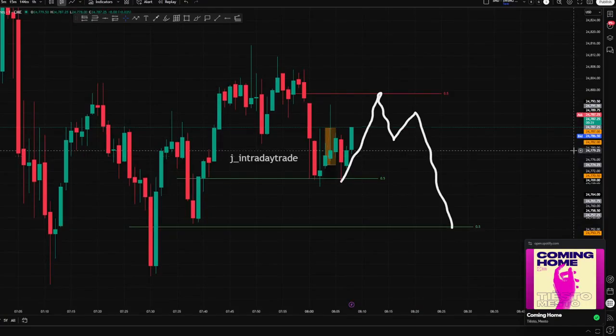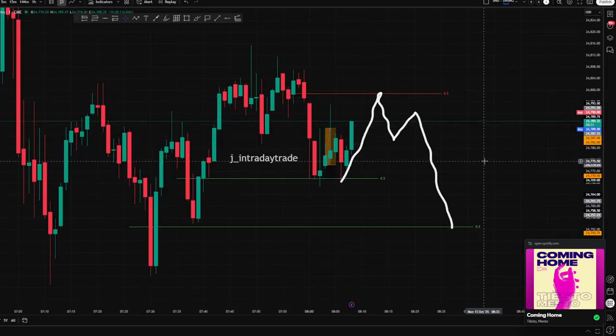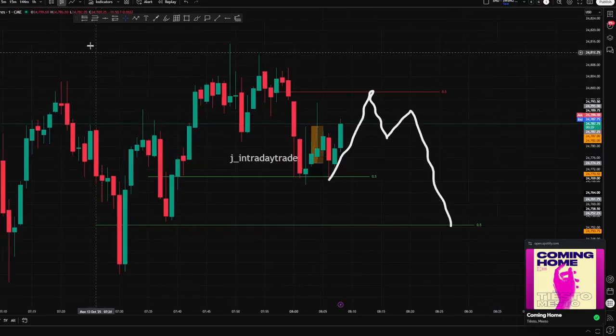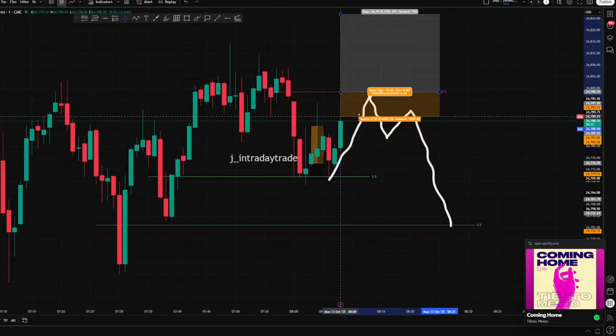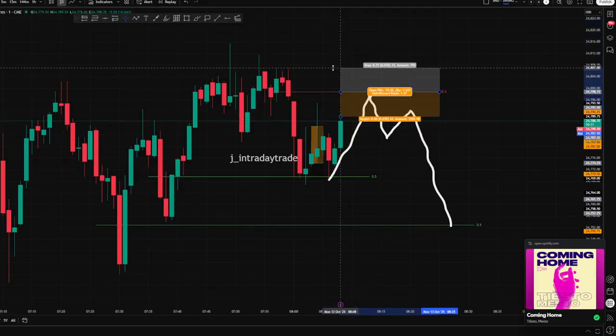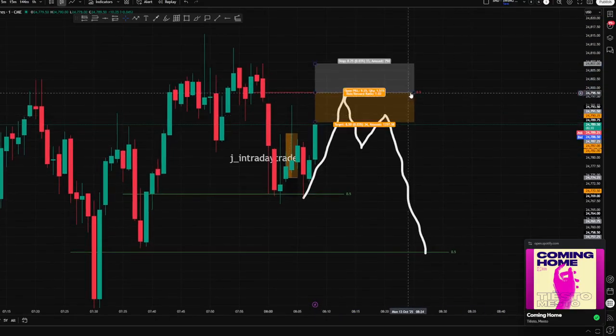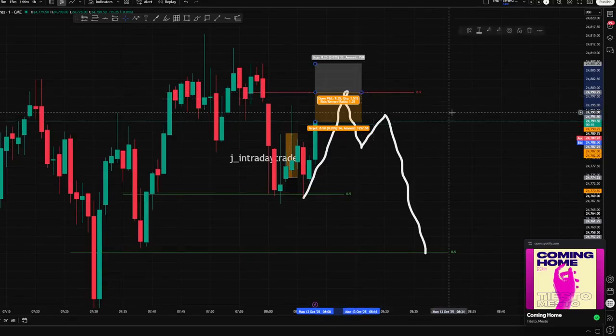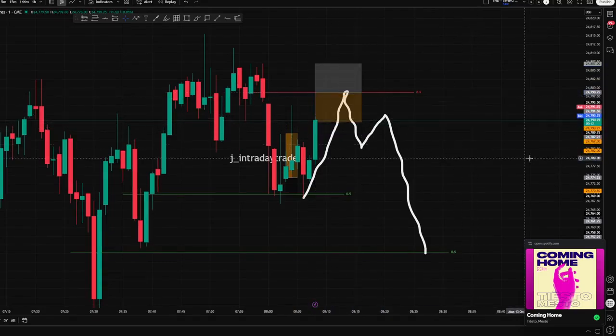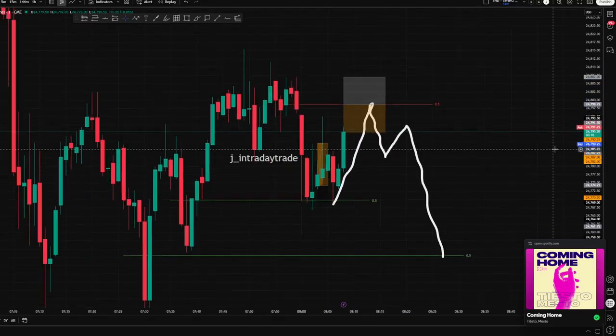I'm going to look for a quick scalp to the downside from that point, like this. Either that or I'll scalp it a bit further on. We'll see.